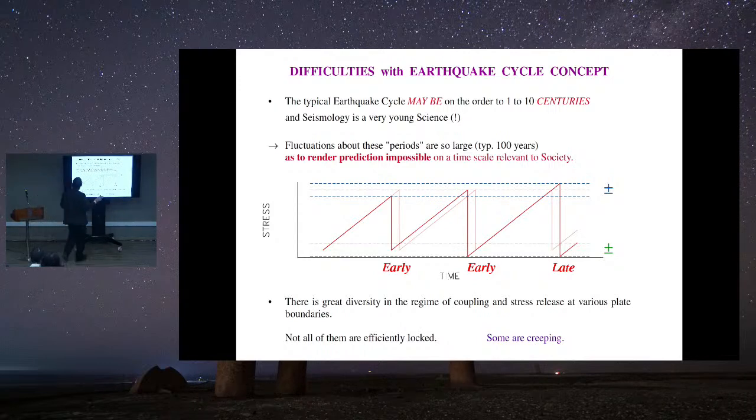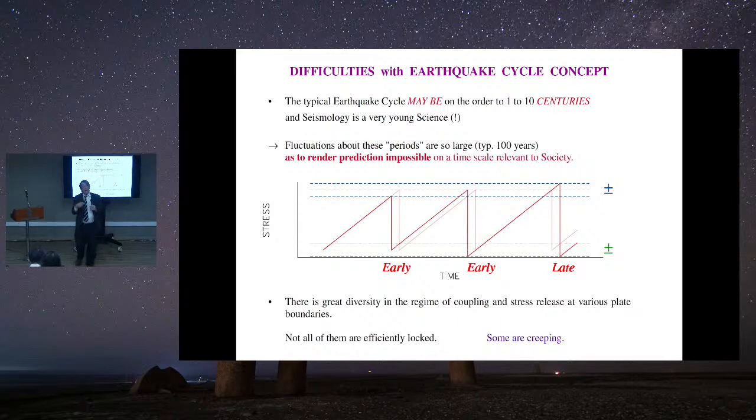And the same thing is true: are you going to release all the stress, or are you going to fall somewhere in this plus or minus range? Depending on the location of a rupture in this band and the location of the remaining stress in that band, you may have a bigger or smaller earthquake. This one is going to be early because you rupture sooner, this one is going to be early because you start at a higher level of stress, and this one is going to be late, and so on.